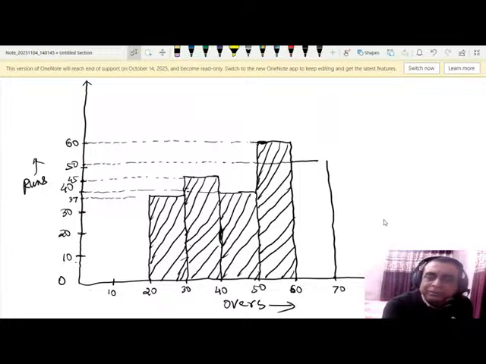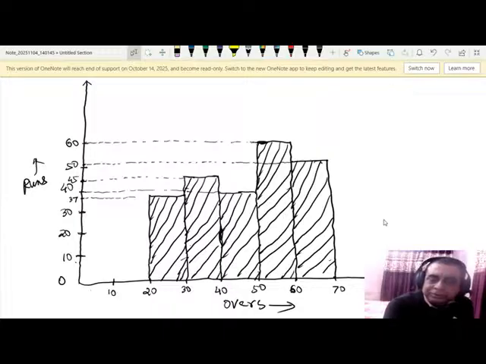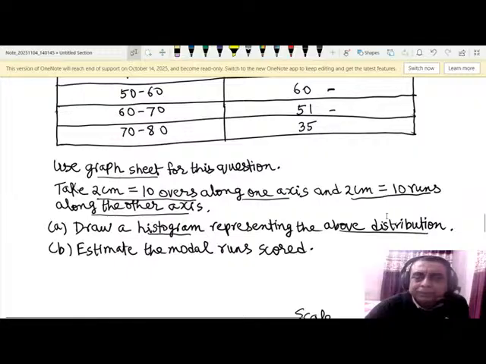So this is representing 51 runs. Shade this bar. So this is showing 60 to 70 is 51 runs.